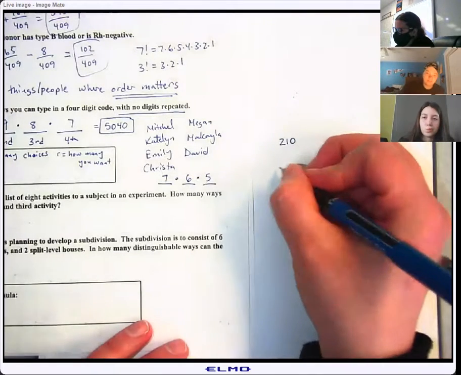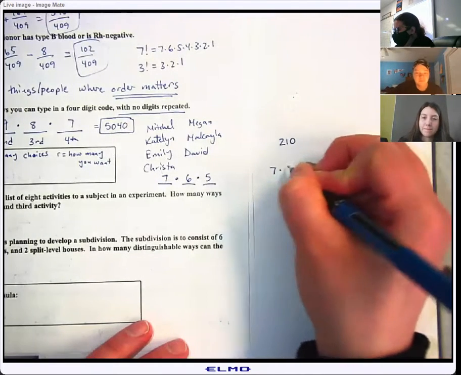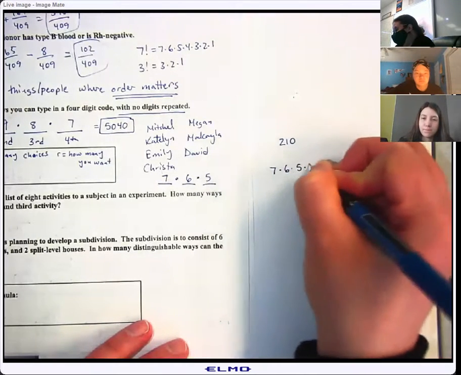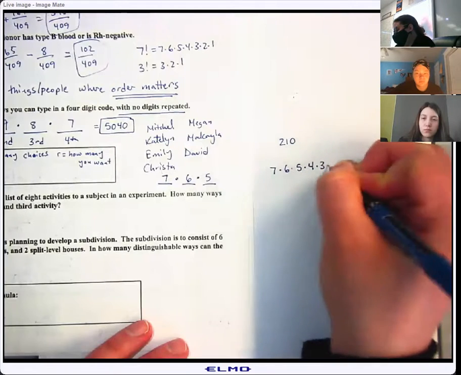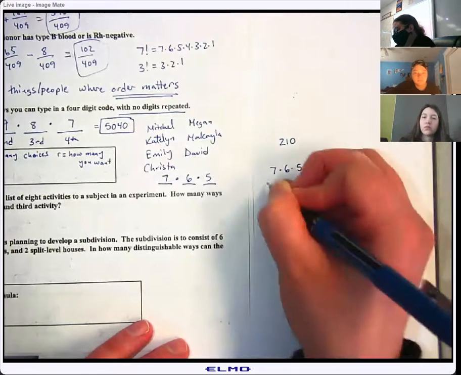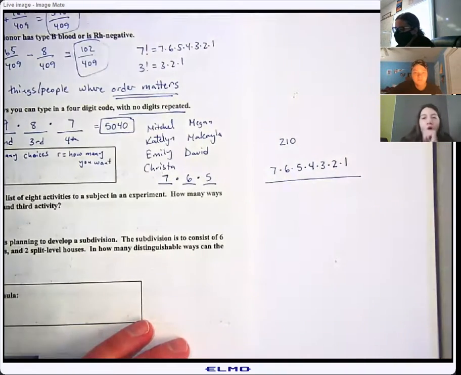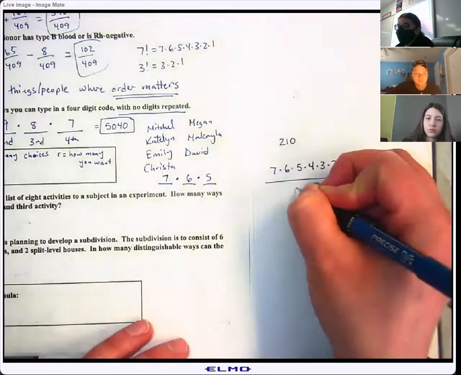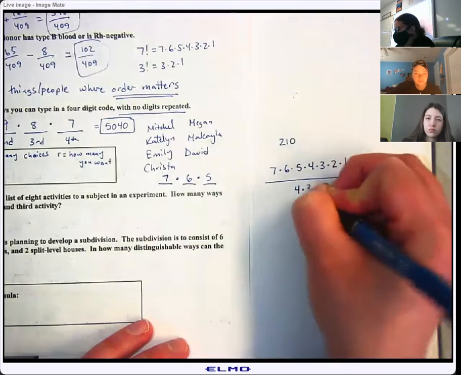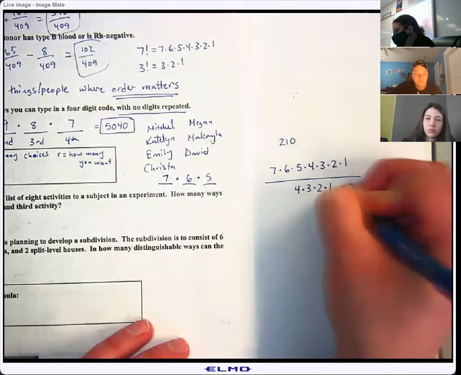Now I want you to imagine if I had 7 factorial, as in I could pick anybody, and I divided it by n minus r factorial, that would be 7 minus 3 because I only wanted to pick 3 people. So 7 minus 3 is 4. That'd be 4 times 3 times 2 times 1.